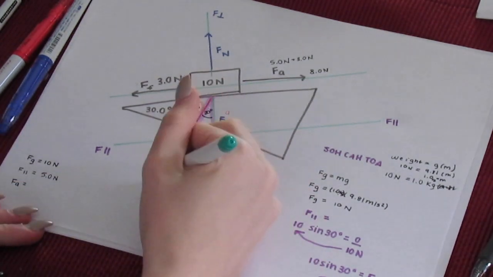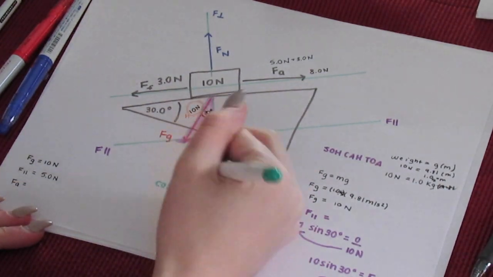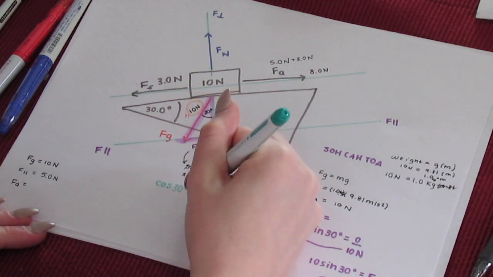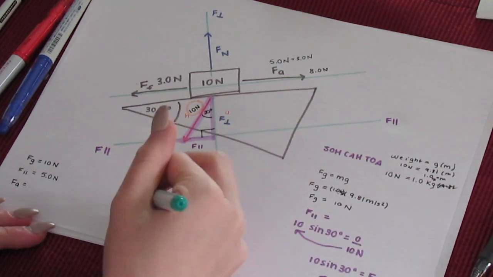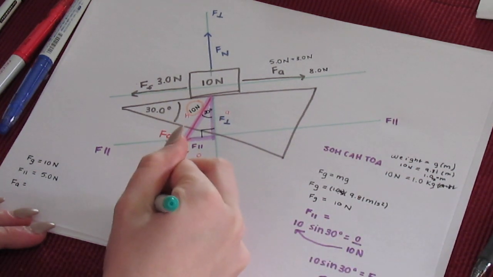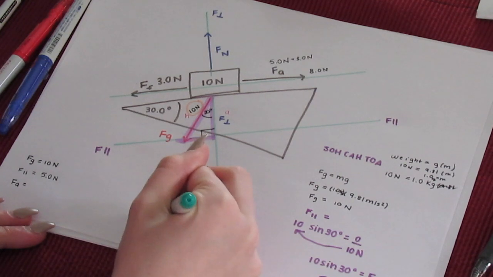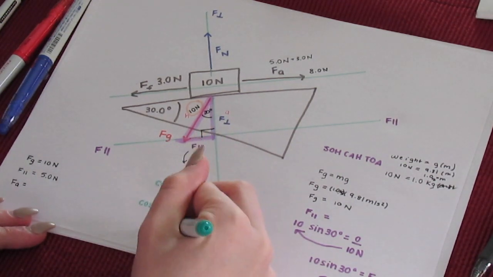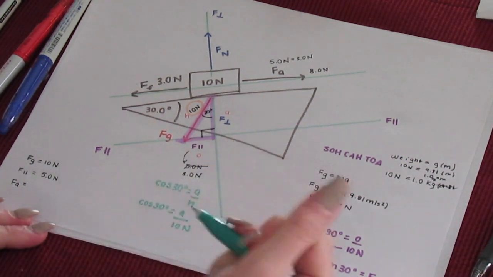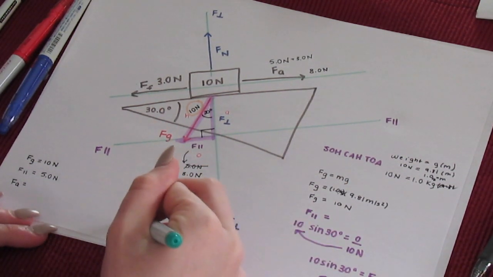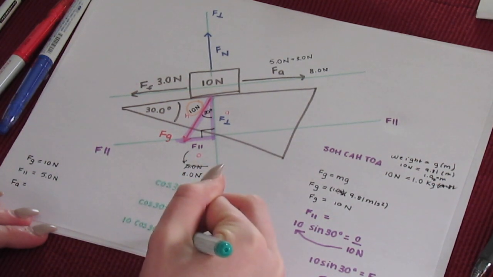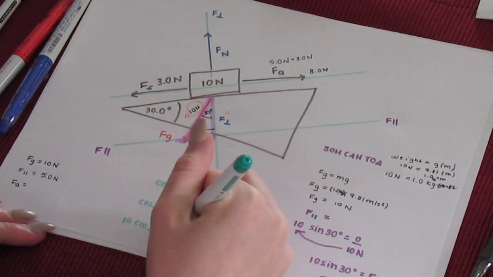So you could do cosine of 30 equals adjacent over hypotenuse. So cosine of 30 equals your A over 10 newtons, and then 10 cosine 30 degrees equals your force perpendicular.